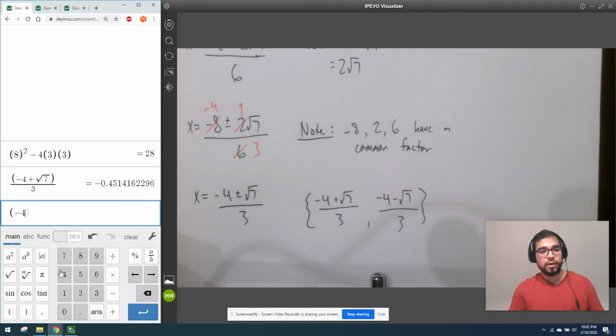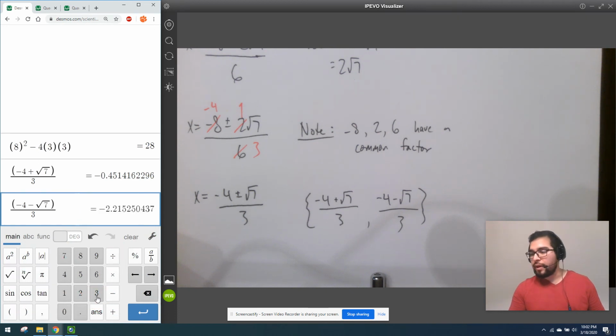I have minus 4 minus root 7. Let's close that parentheses up and divide by 3. It looks very similar. So the solutions to this, if I take the approximation, are negative 0.4514162296 and negative 2.215250437. It goes on forever.